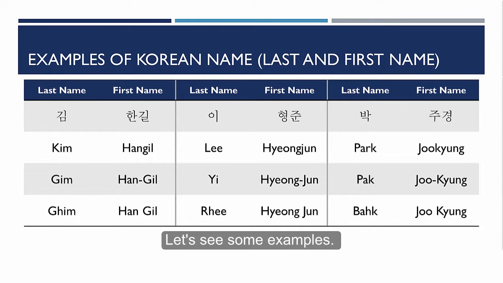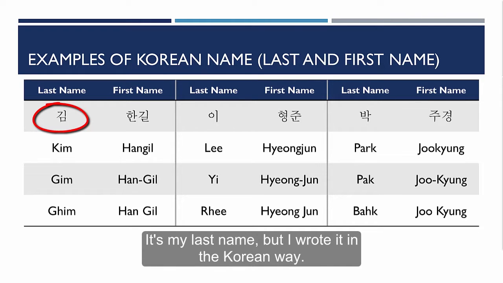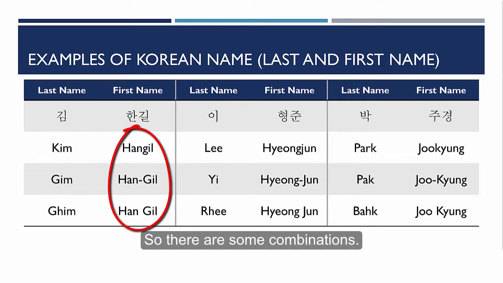Let's see some examples. This first name is my name. Kim is my last name, but I wrote it in a Korean way. And Han Gil is my first name. So you don't have to read this one. But there are some combinations.